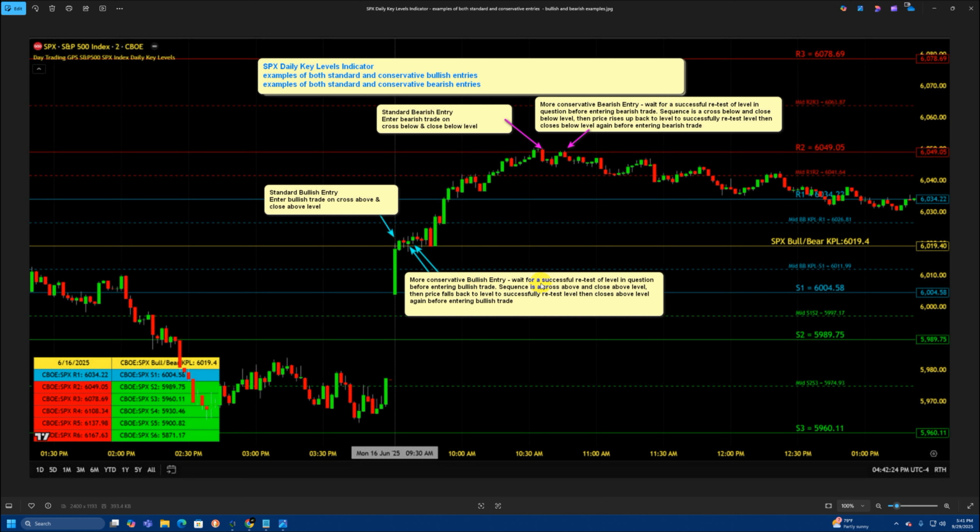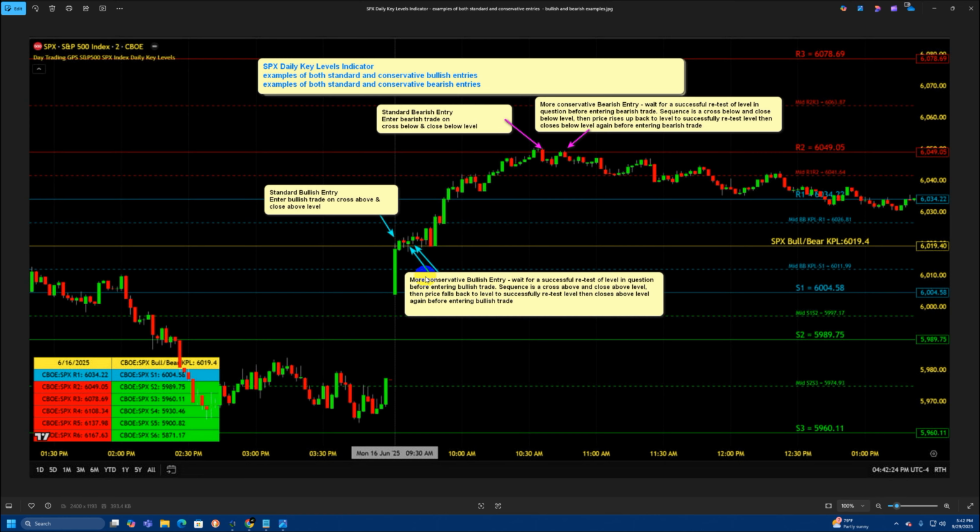The sequence is you have a cross above and close above the level, which we have here, followed by price falling back to test the same level successfully, meaning it's not closing below the level, it's successfully retesting the level and closing above the level. So it's cross above, close above, fall back to retest, close again above that level, that is your conservative bullish entry that requires a retest.